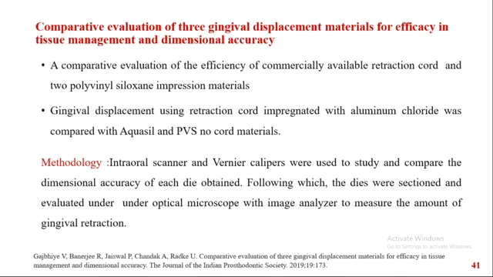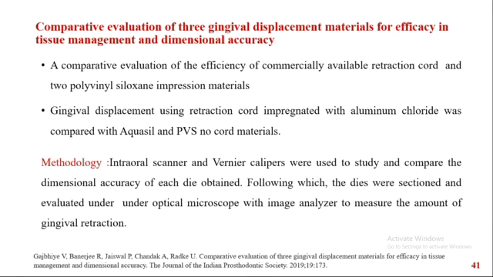Now, a study was done to evaluate gingival displacement obtained by 3 techniques, that is, conventional retraction cord impregnated with aluminum chloride compared with that of No-Cord polyvinyl siloxane and Aquasil material. Coming to the methodology, the intraoral scanner and vernier caliper were used to study and compare the dimensional accuracy of each die obtained.